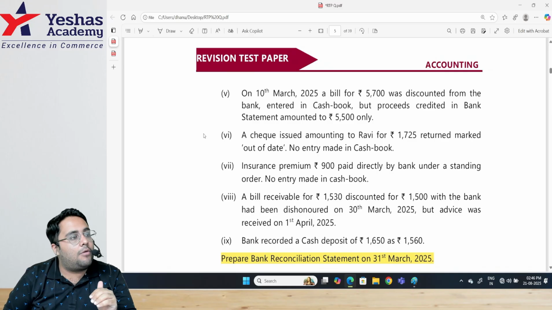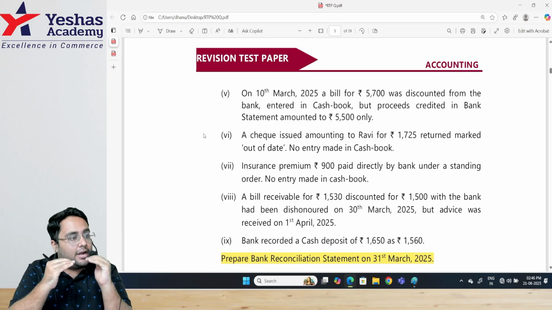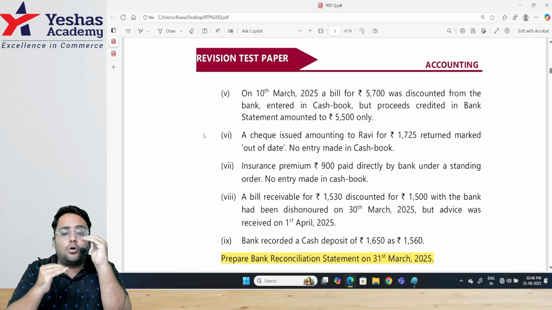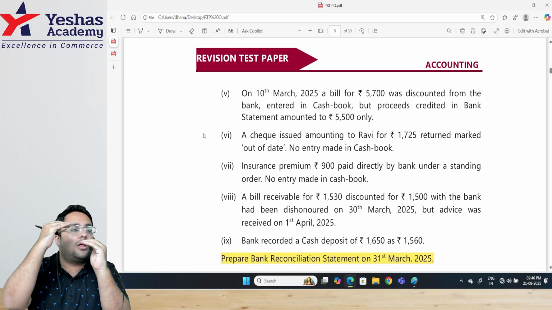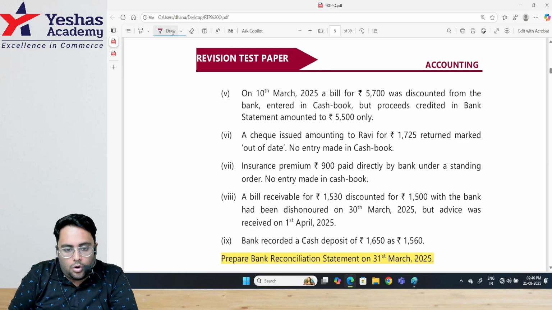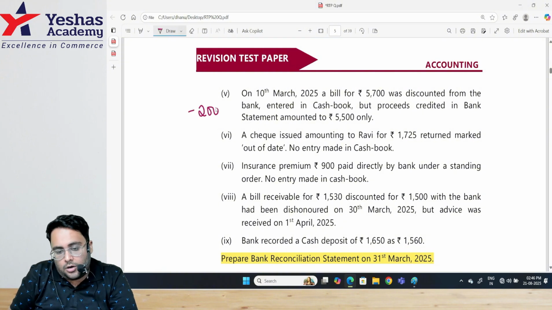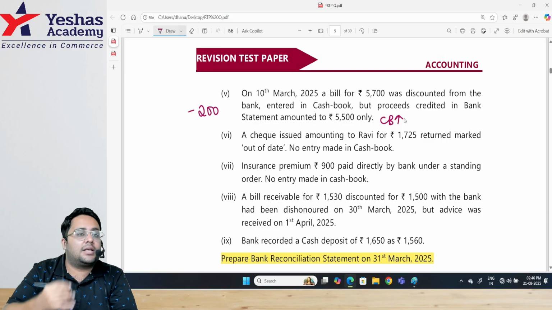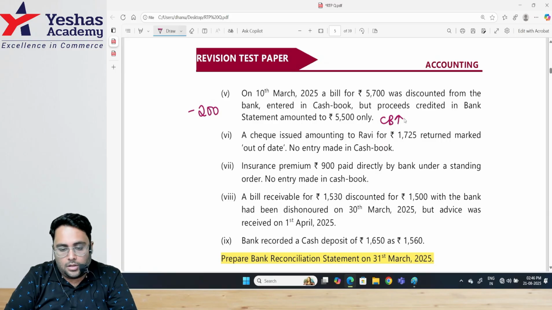How much you received in your bank? 5,500. 5,500 in your passbook, 5,700 in your cash book. What are you going to do? How much will you deduct? 200. Your cash book is higher than the passbook.